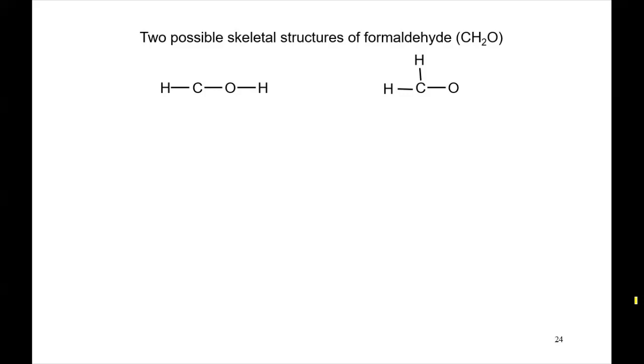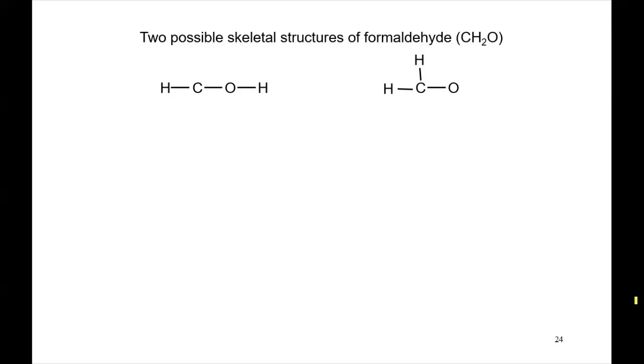In the one on the right, both hydrogens are connected to the carbon. In the one on the left, one hydrogen is on the carbon, one hydrogen is on the oxygen. How do I decide which of those is the more accurate skeletal structure and gives me the correct Lewis structure?